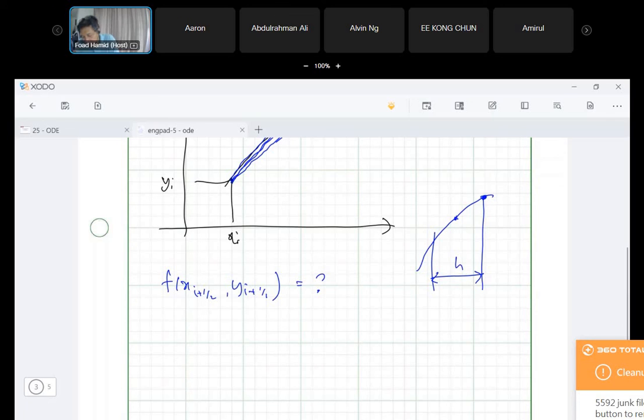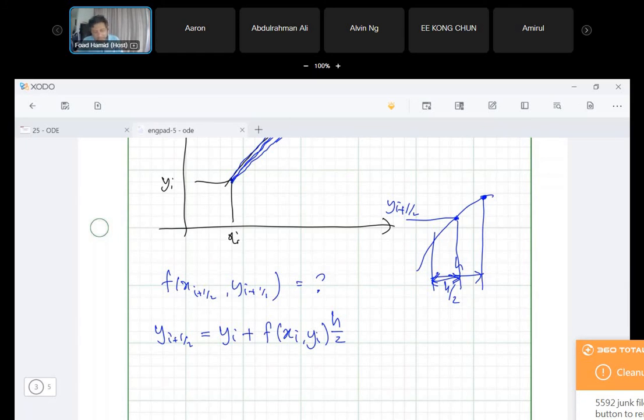So this is just h over 2. So what we can say here is that y i plus half, which is this point here, is equal to y i plus f of x i, y i, times h over 2, because this is h over 2.